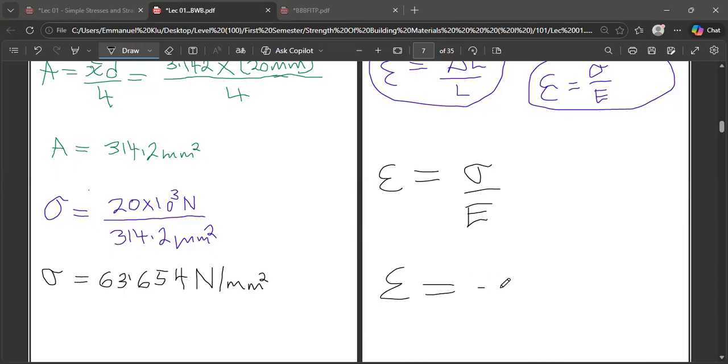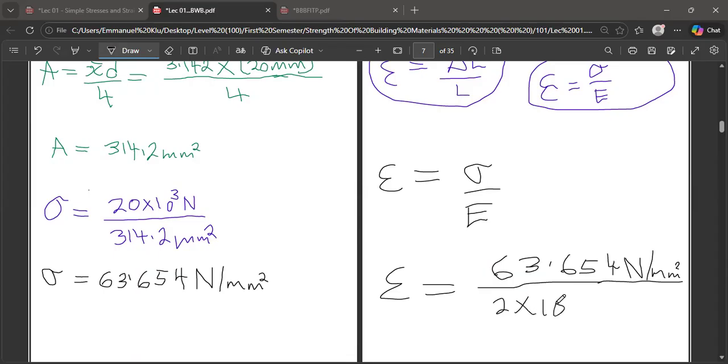Our stress, what is the answer we had for the stress? We had 63.654, Newton per millimeter squared. And then what was the value of our elasticity? 2 times 10 exponent 5 Newton per millimeter squared.